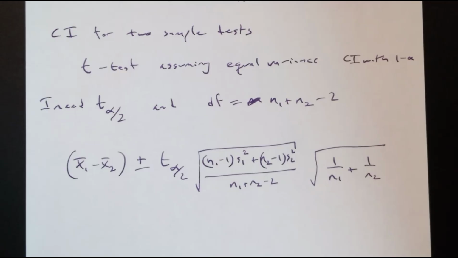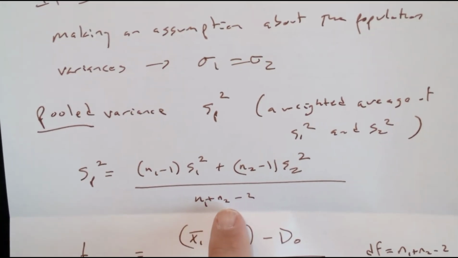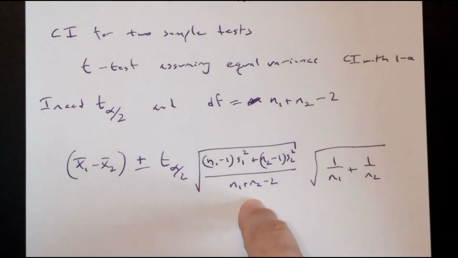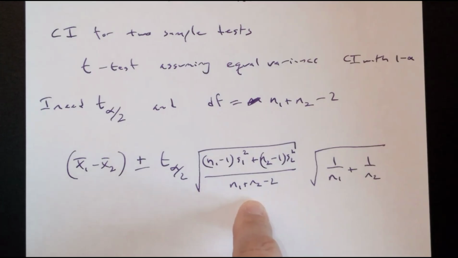That's our SP. So that makes this the expression, because I take the square root, right? Variance is squared. This is SP.